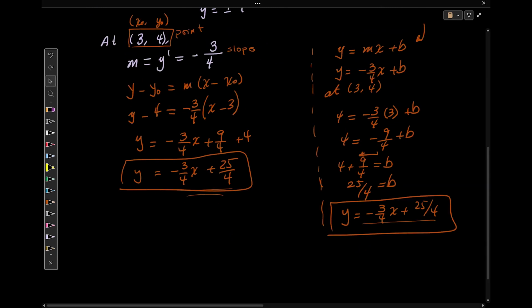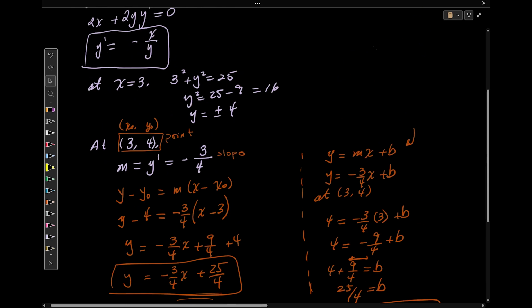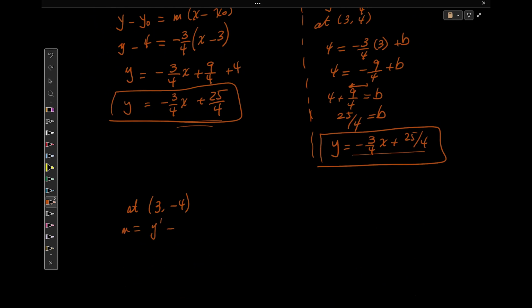The other point is down at (3, negative 4). So at (3, negative 4), remember y prime, the slope, was negative x over y, which is negative 3 over negative 4, which is 3/4.